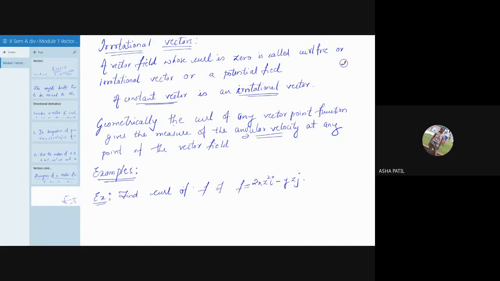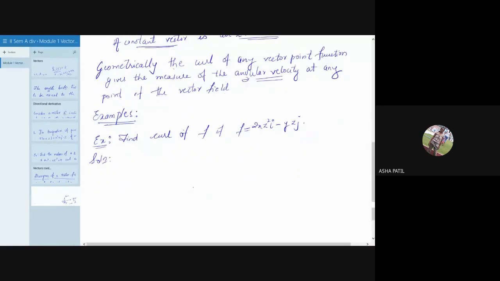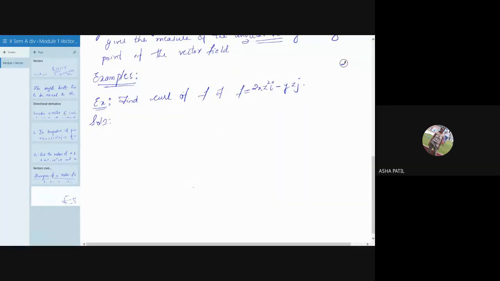Find the curl of this vector. How to go for it? F is given to us. It is 2xz square i minus yz j. There is a z term here, but the z component is not given in the term. So that means it is 0k.